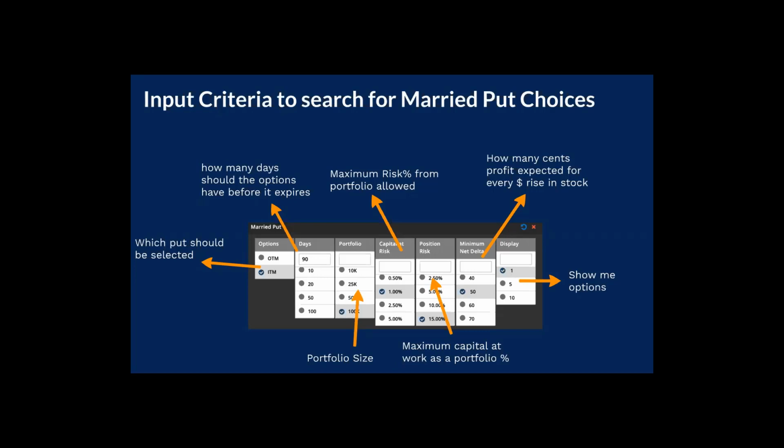Okay. So that's what the first column is saying. The second column shows how long you want the protection. Do you want the protection to be for a 90 days expiration, or 180 days, or a year?